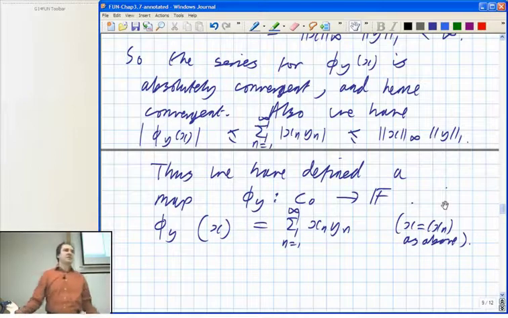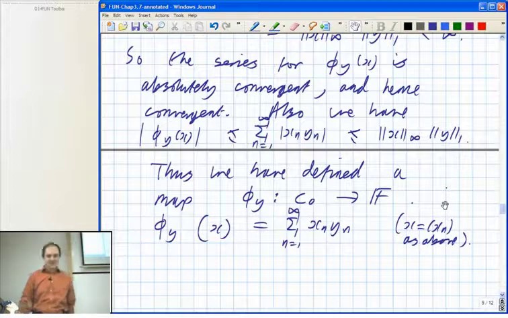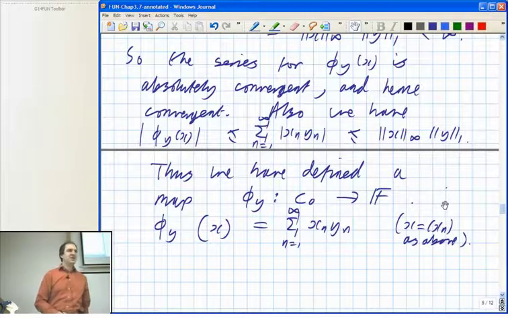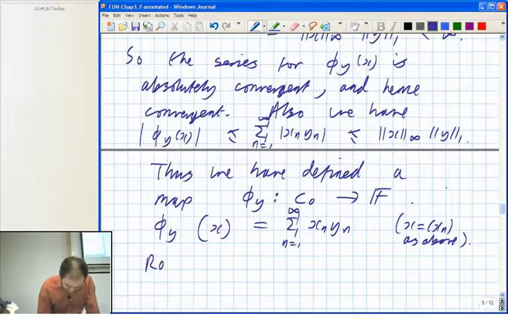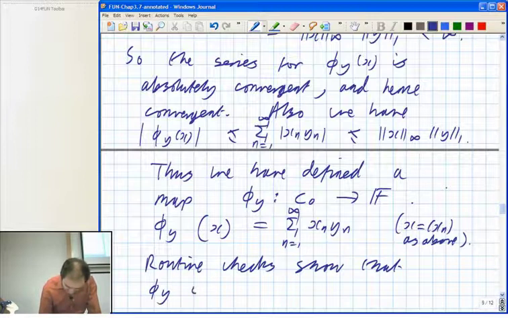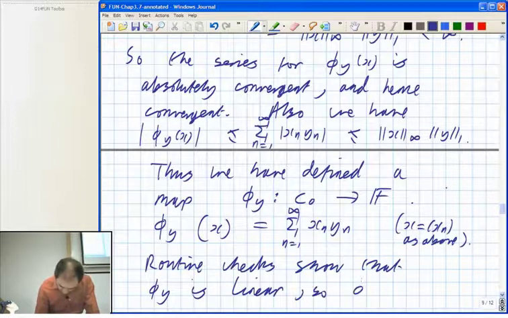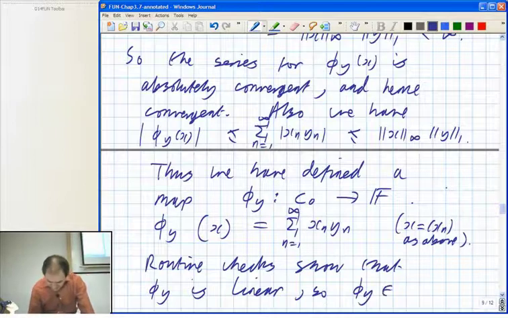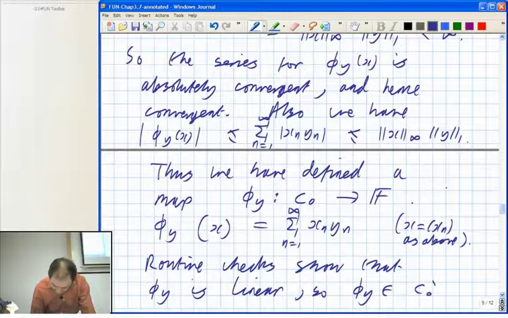That's just a function so far, but it's not hard to prove that it's actually a linear functional. You just have to do a few routine checks. So routine checks show that phi y is linear. So phi y is in C0 star.